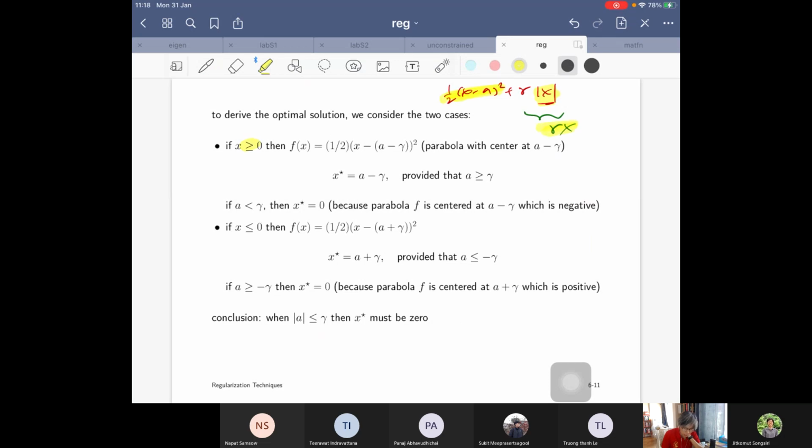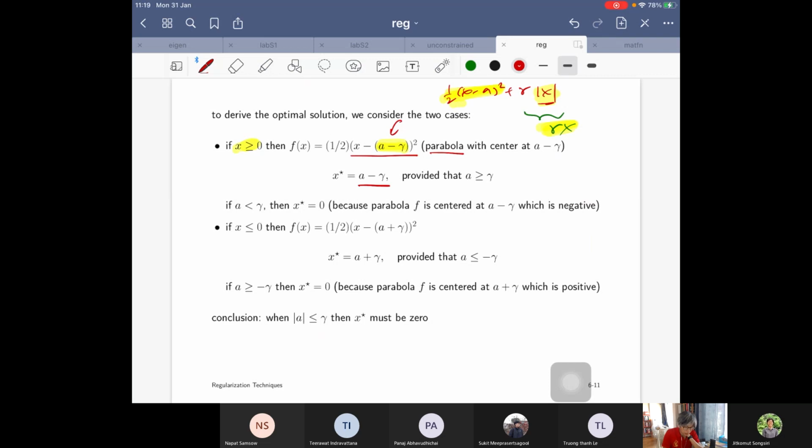You can make the sum of x minus a squared plus gamma x, under the case that x is non-negative. Now, once you complete the square, you see that it becomes a quadratic function, a parabola with center at a minus gamma. So the optimal solution should be a minus gamma.